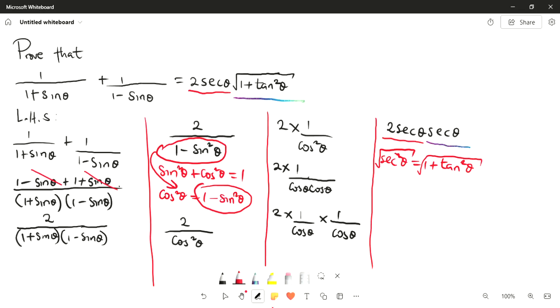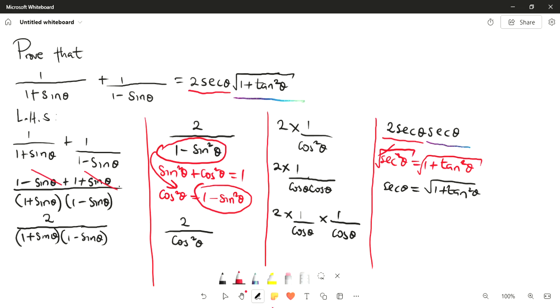So square and square root go, and this will mean that we get sec theta equal to the root of 1 plus tan squared theta.